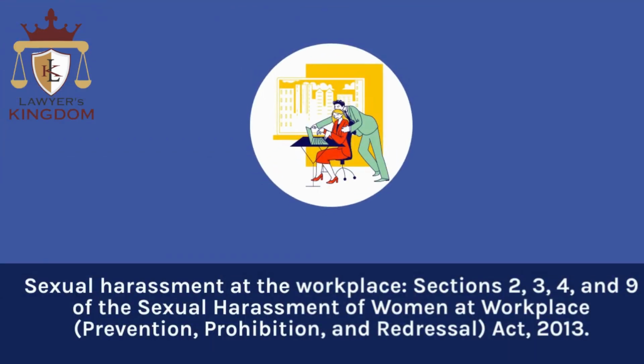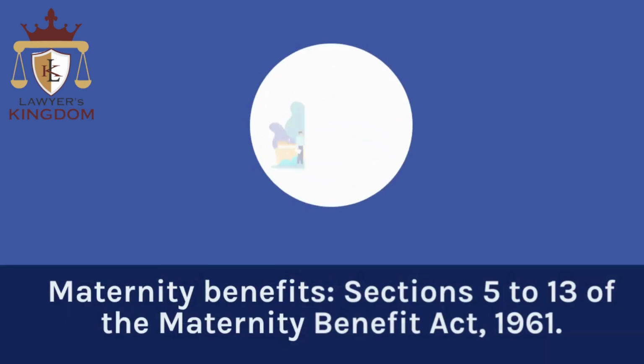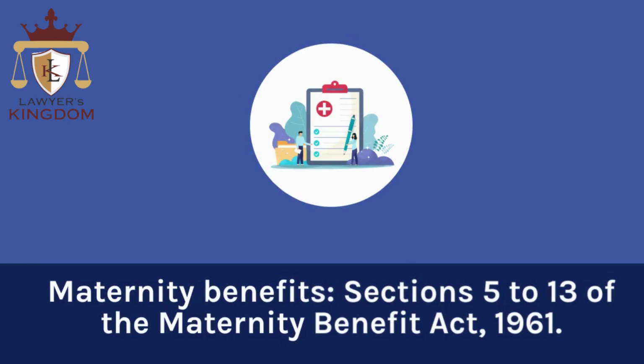Sexual harassment at the workplace, Sections 2, 3, 4, and 9 of the Sexual Harassment of Women at Workplace (Prevention, Prohibition, and Redressal) Act, 2013. Maternity benefits, Sections 5 to 13 of the Maternity Benefit Act, 1961.